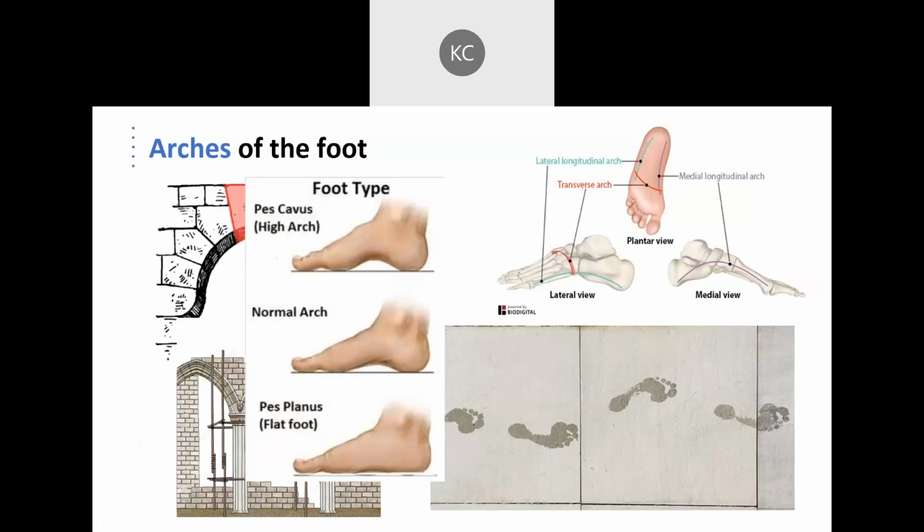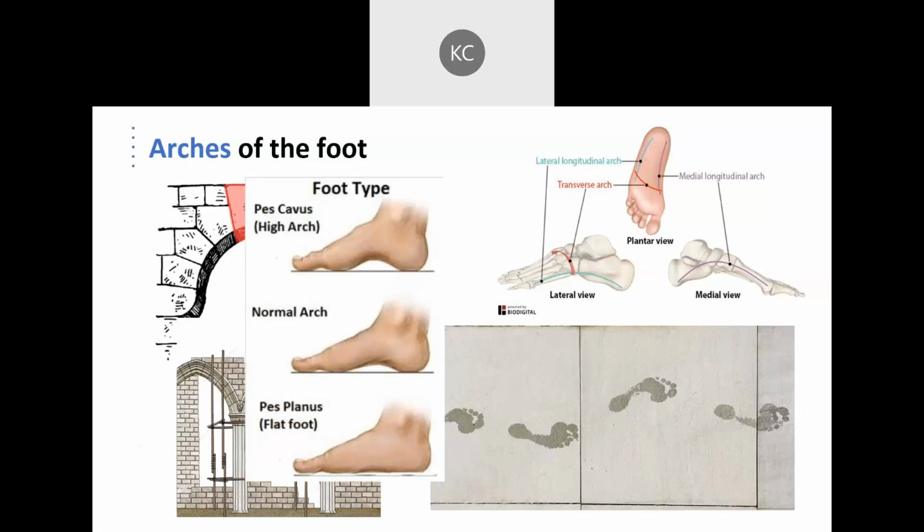Now, you can have different types of arches, right? So one is a normal arch, okay? And then you can have a very high arch, and we're talking specifically about some of the longitudinal arches, but it could also somewhat apply to the transverse arch as well. So you can have a very high arch, or a very low arch, or almost no arch. If it is a high arch, it's known as pes cavus.